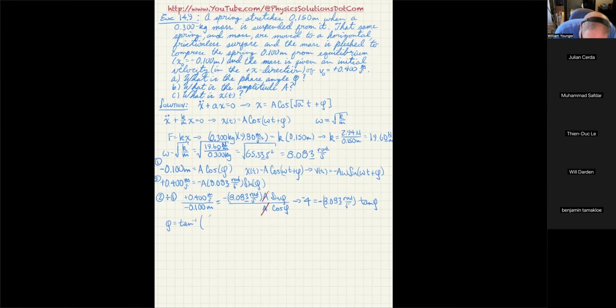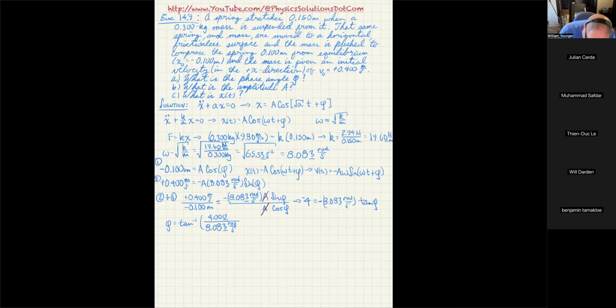in this case, 4.00 carrying one extra digit divided by 8.083, again carrying one extra digit. The 8.083 is in radians per second, and the 4 was 0.4 divided by 0.1, which was meters per second divided by meters.